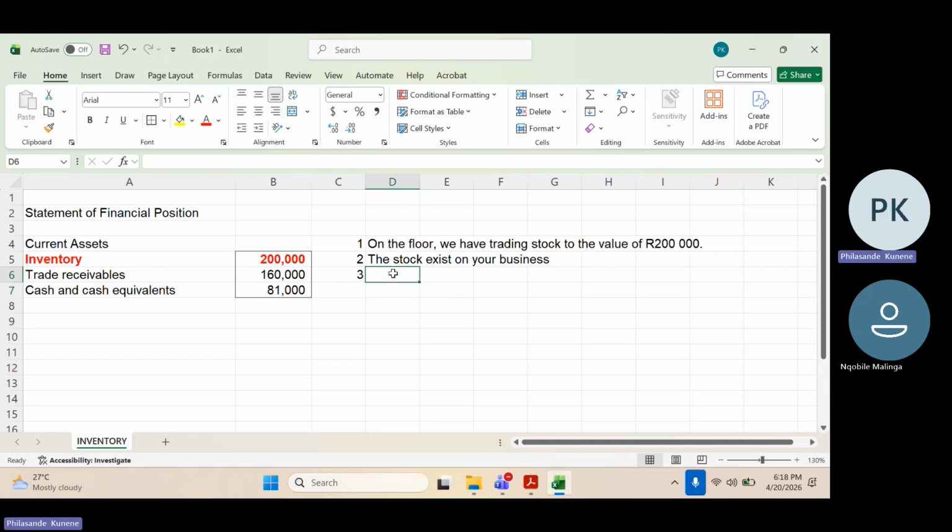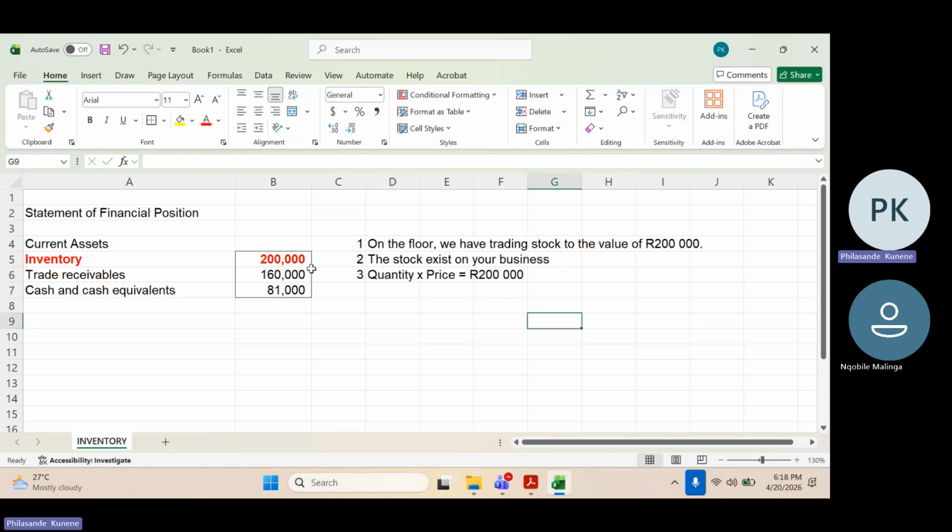Number three, the stock that is sitting at your business is worth 200,000 rands. Which means if I come to your shop, wherever you're operating your business, and take the quantity there, say you're selling televisions and you have 50 of them, and I multiply them by the price, I'm going to get 200,000 rands.